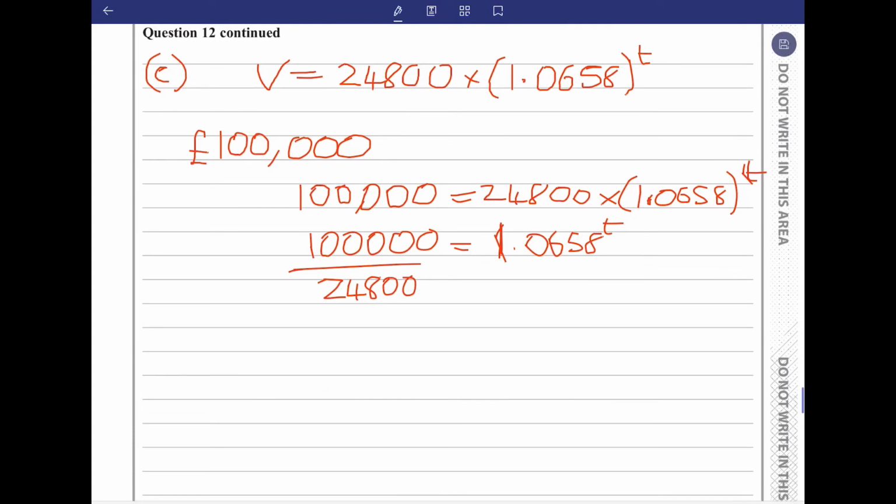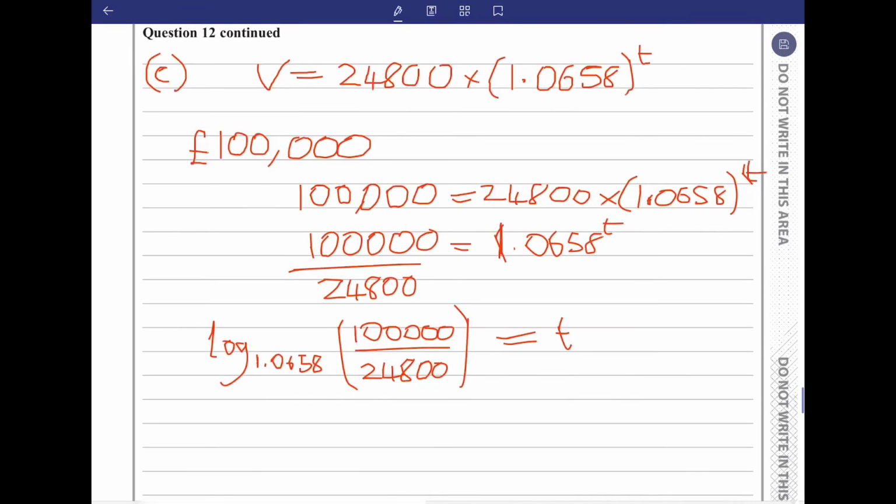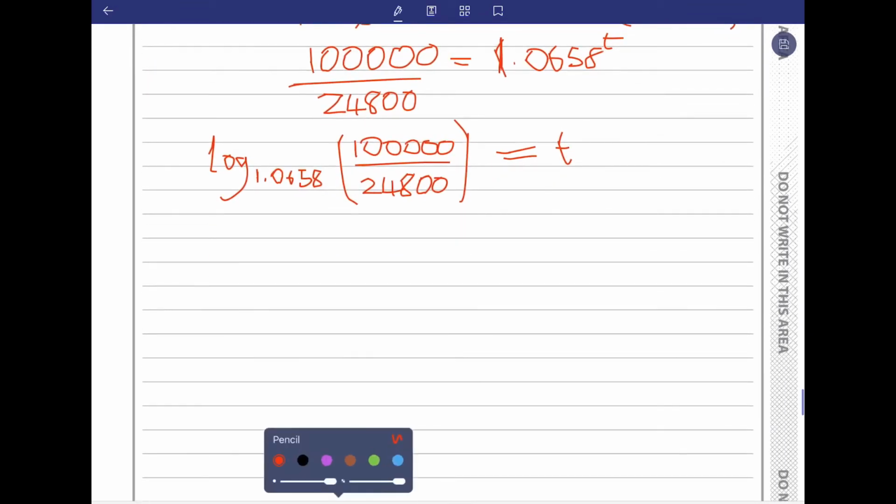And now we take the log base our constant p. Hopefully I'm going to be able to write this. Log base 1.0658 of this quotient here, 100,000 over 24,800, equals t. This is because we're taking the log base 1.0658 of 1.0658, and we have the two following rules, so I'll just write these in a different colour.